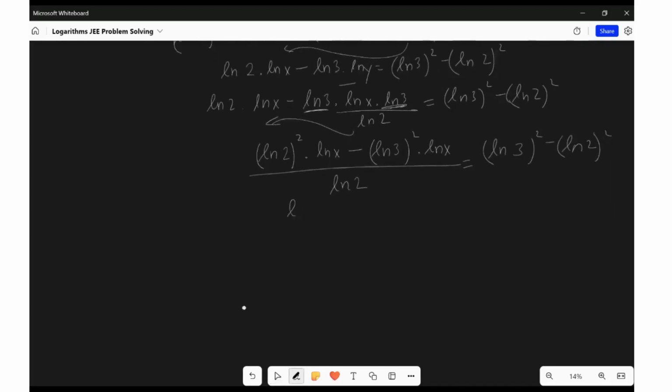Now we can take ln x as common, so it just becomes (ln 3)² minus (ln 2)² divided by ln 2 as this.